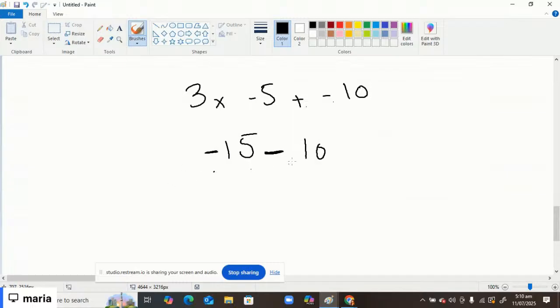So minus 15 minus 10, there are two negative signs, so it means it's added. So 15 plus 10 is 25. But which sign do you put with it? What is the sign with the greater number? With the greater number, it's the negative sign, which is 15. So here it is minus 25.